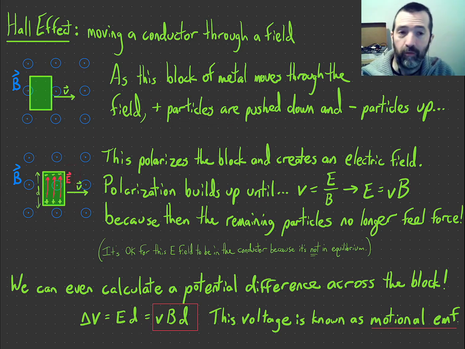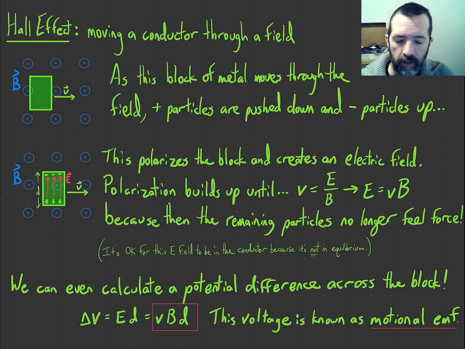That electric field goes from the plus to the minus, and the orientation of the B and E fields here may remind you of the velocity selector or the crossed fields situation that I talked about in the previous video.